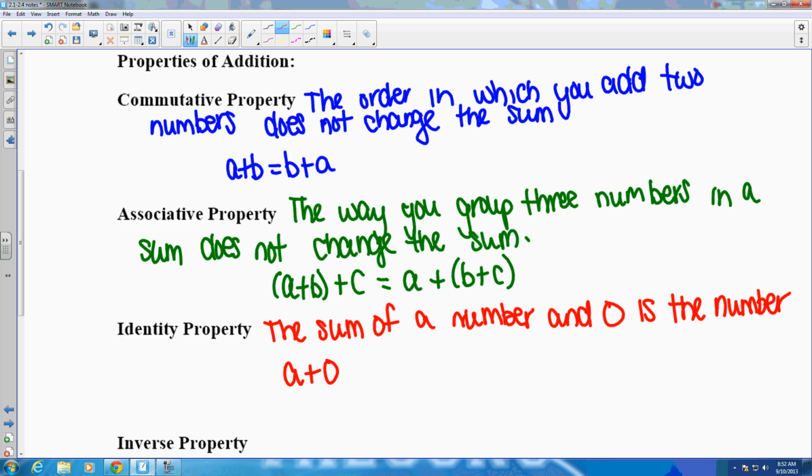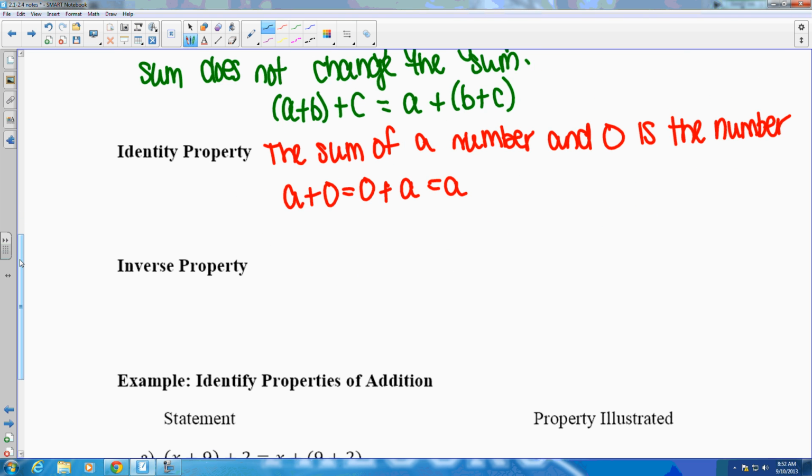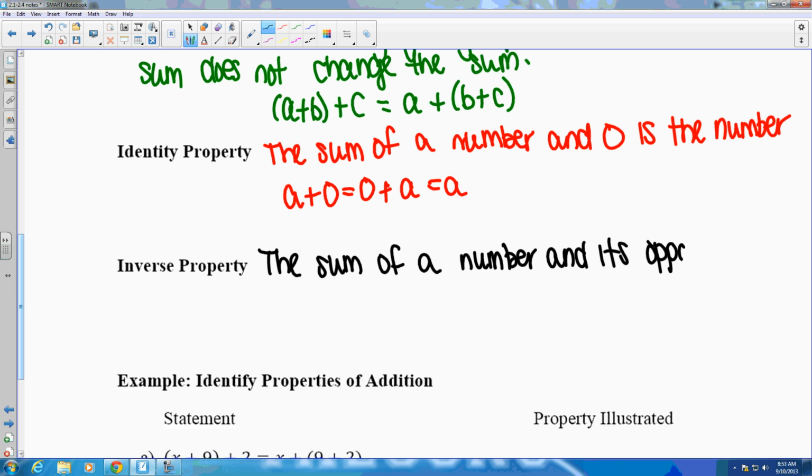A plus 0 is 0 plus A, which is A. Last property is the inverse property: the sum of a number and its opposite is 0. So A and negative A gives you 0.